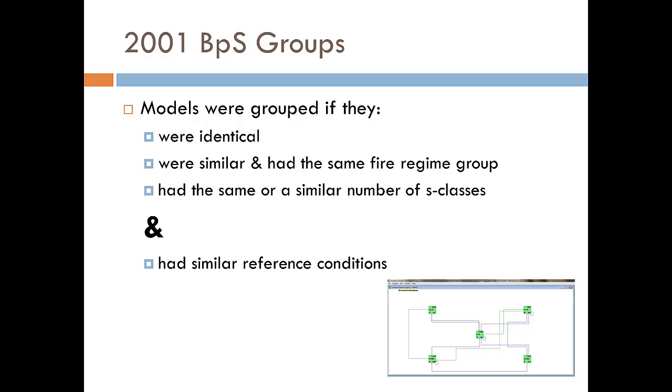Models could be grouped if they were identical, or if they were similar and had the same fire regime group, if they had the same or a similar number of succession classes, and if they had similar reference conditions. When models were grouped, one of the LANDFIRE national models was chosen to represent the group, and a new group name and number was assigned in the BpS map attribute table.